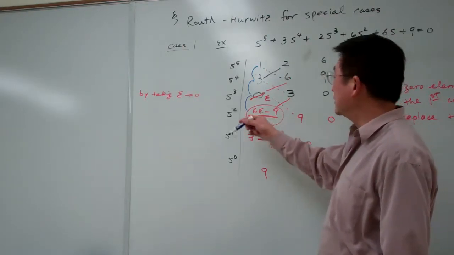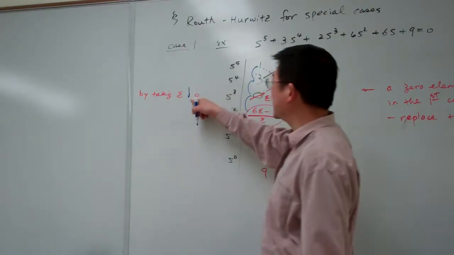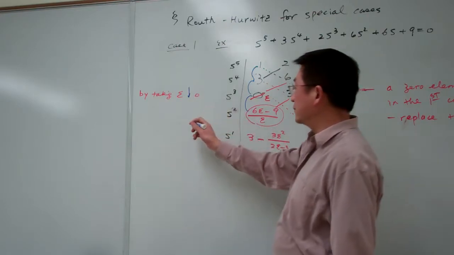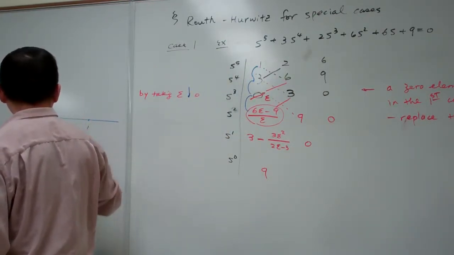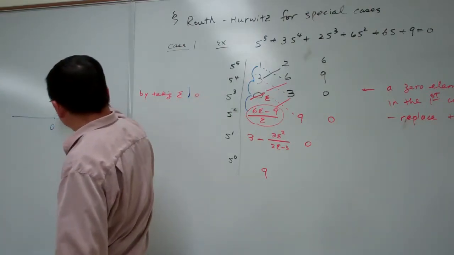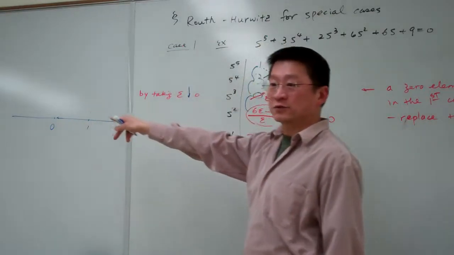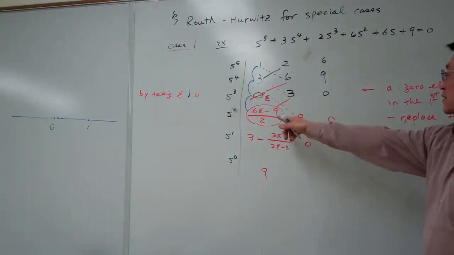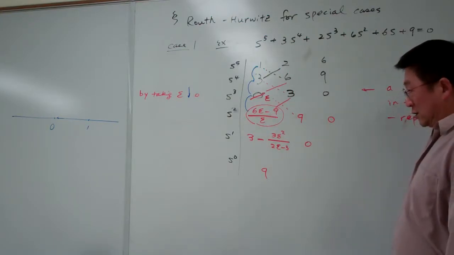When epsilon approaches 0 from positive, this symbol means approaching 0 in this direction, from the positive side. So here we assume epsilon is positive.